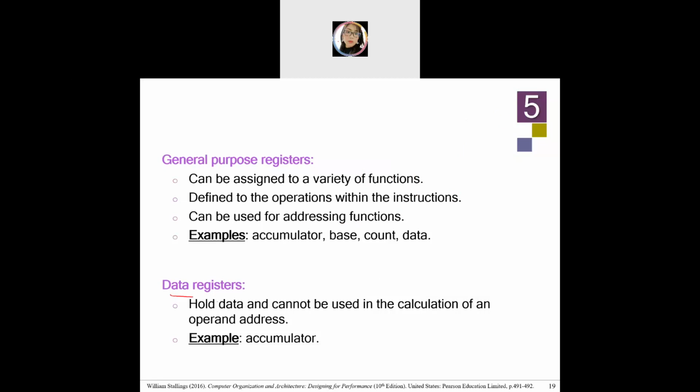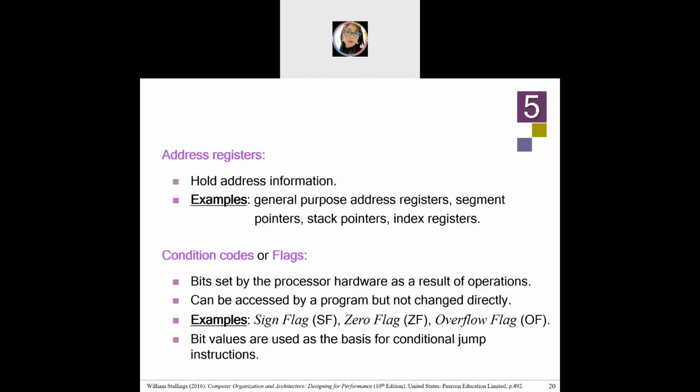So the data register holds data and cannot be used in the calculation of operand address. An example is your accumulator. It cannot be used for calculating operand address.